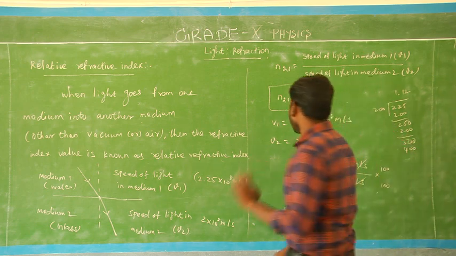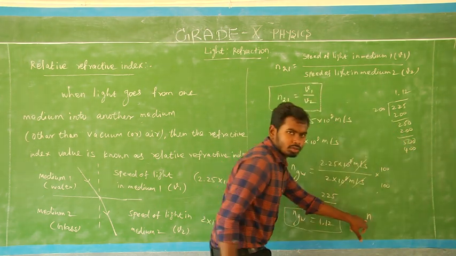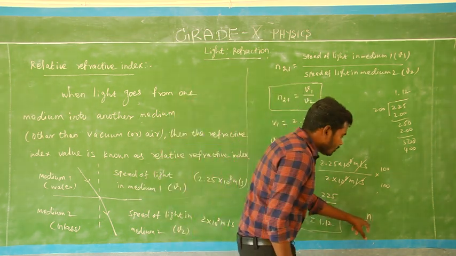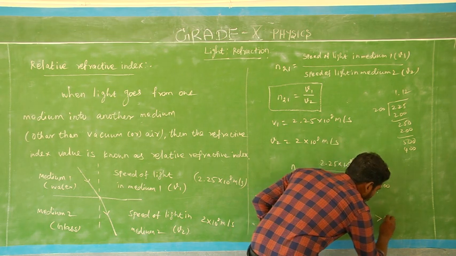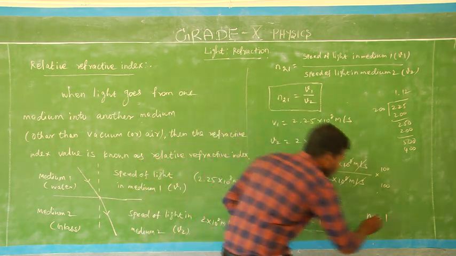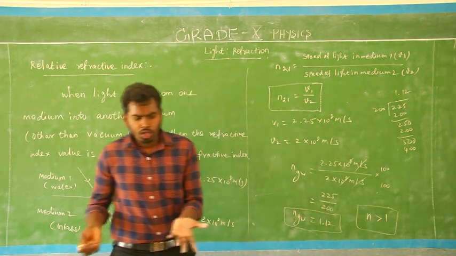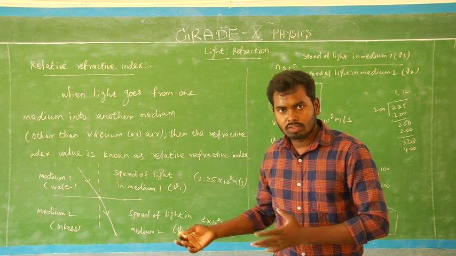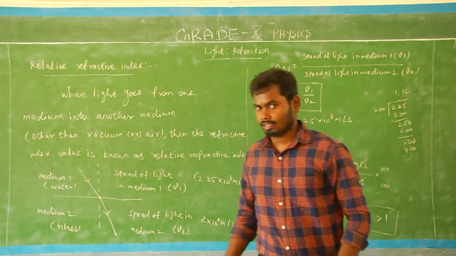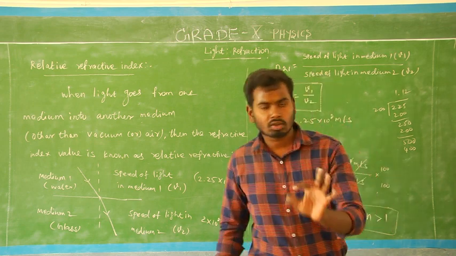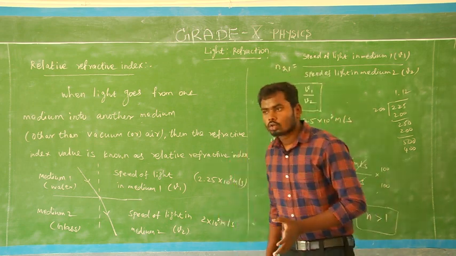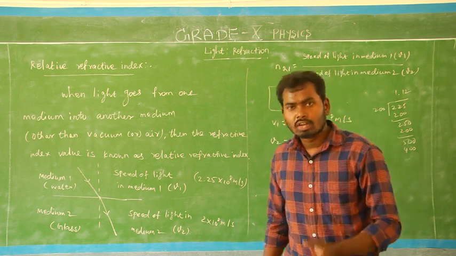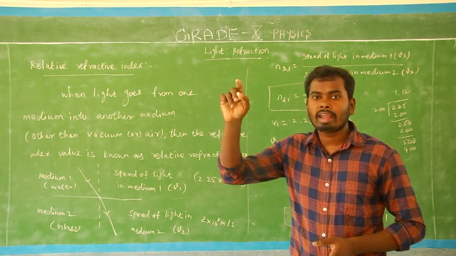So whenever the refractive index value is more than 1, it reveals that the light speed decreases.